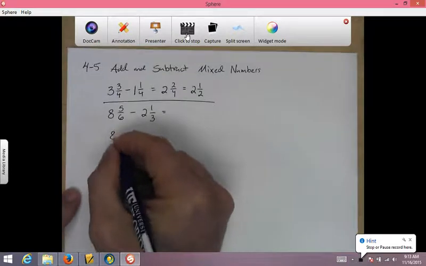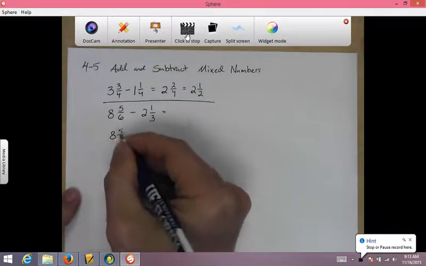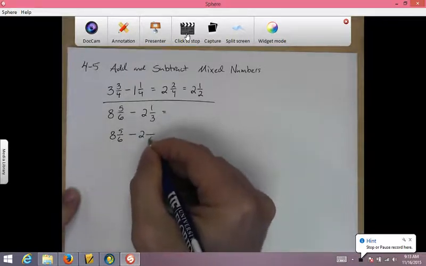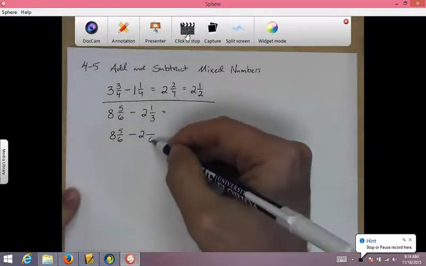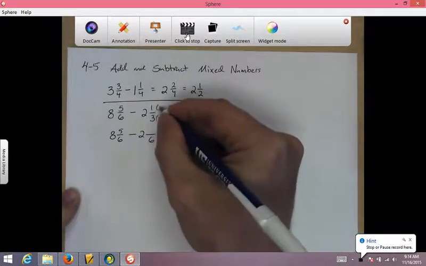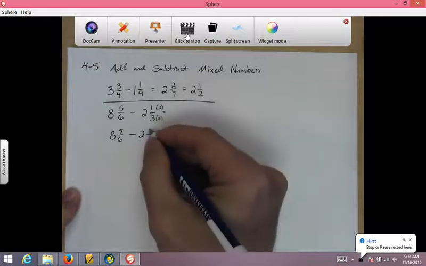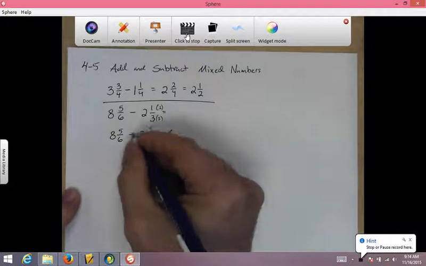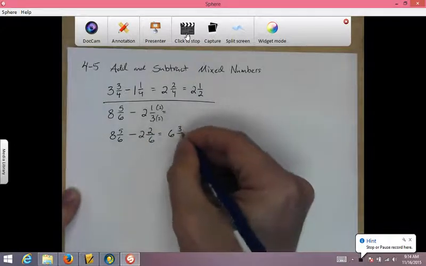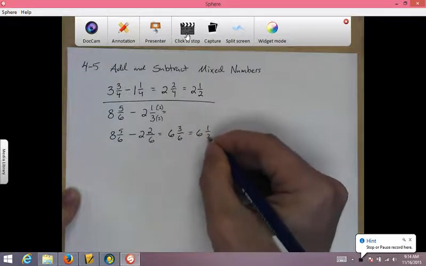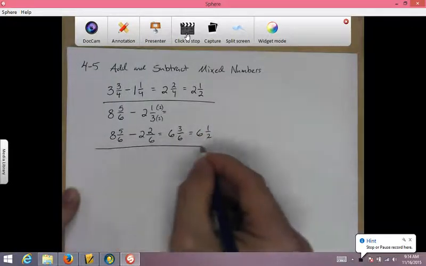So I'm going to rewrite this as 8 5/6 minus, since 6 is the new denominator, I had to multiply this by 2. If I multiply that by 2 on bottom, I have to do it on top. 2 times 1 is 2. And now I say 8 minus 2 is 6, and 5 minus 2 is 3. So I have 6 3/6. This reduces to 6 1/2. So those are the easier versions.